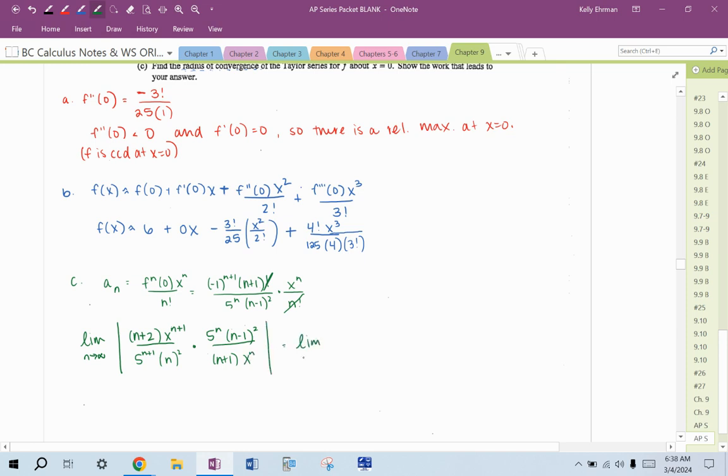Keep your limit notation because you haven't performed a limit if all you're doing is simplifying, which you should simplify, rewrite this, once you cancel stuff out.